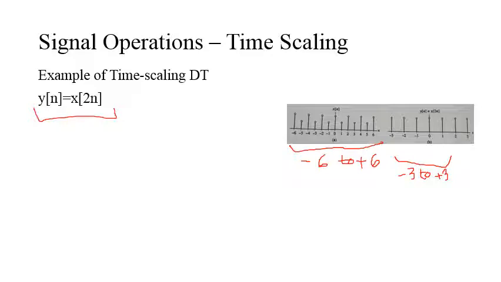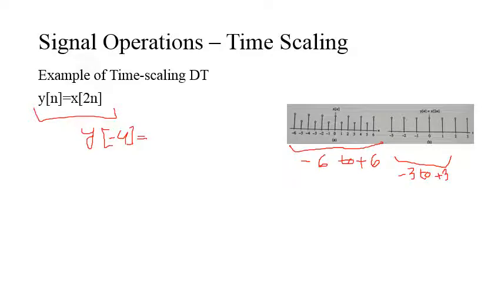Okay, so let's just take the value of y of, for example, -4, right? Because we already know that the original signal is from -6 to +6, and scaling it by a factor of 2 will result into -3 to +3. So that's why I just take a value of -4 so that you have better understanding.